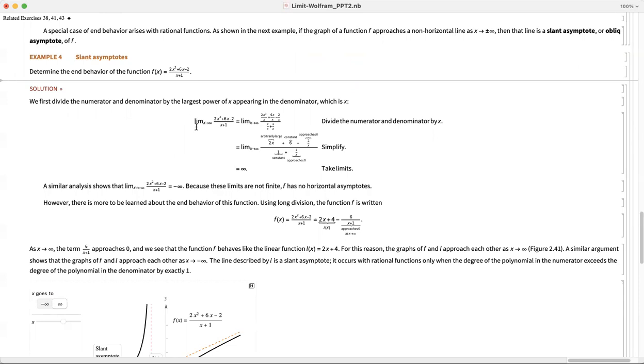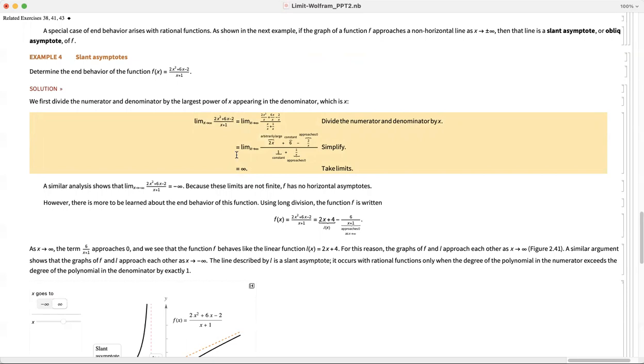Okay, so the limit of that fraction, a rational function, as x approaches infinity. This is a rational function, right? So we just look at the degrees of the top and bottom. The top, 2x squared plus 6x minus 2, has degree 2, and the bottom one has degree 1. So this goes to infinity, right?